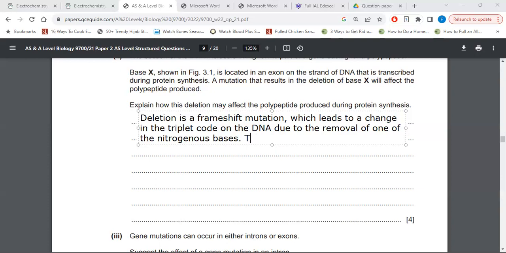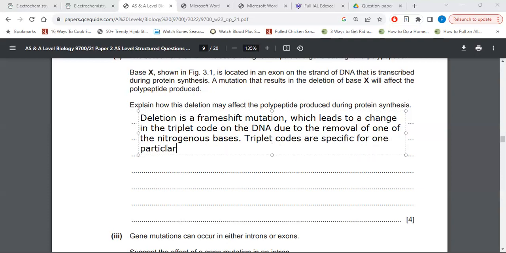Triplet codes are specific for one particular amino acid.